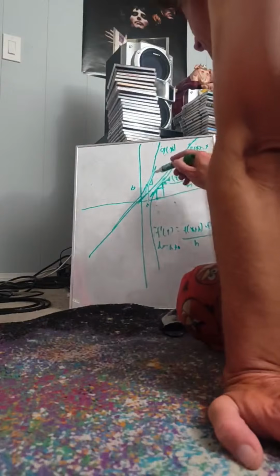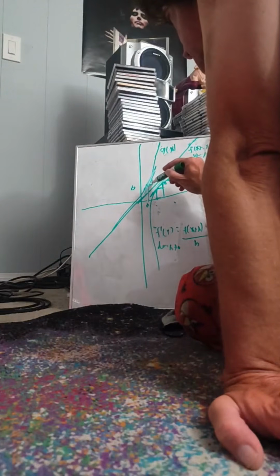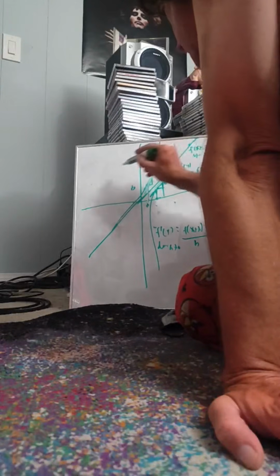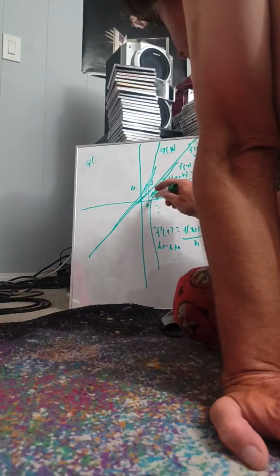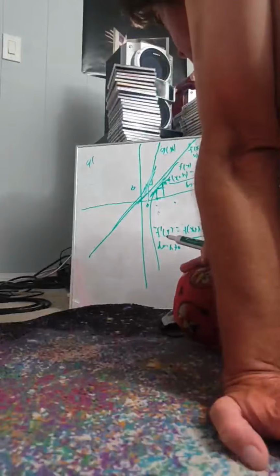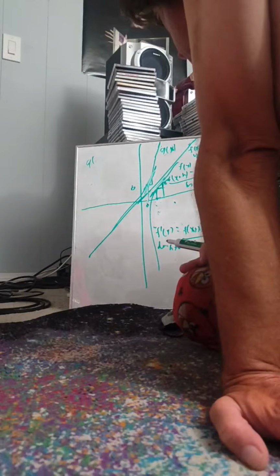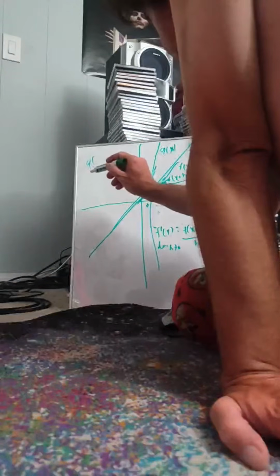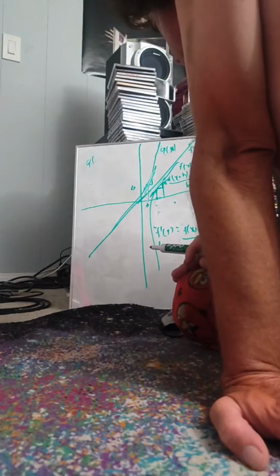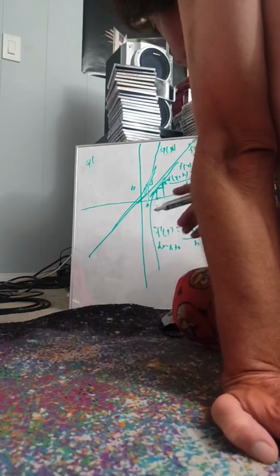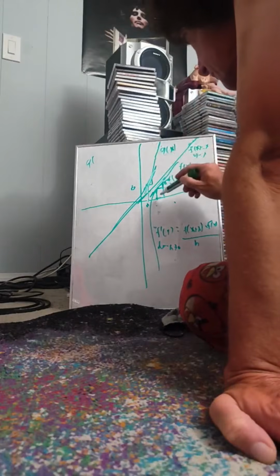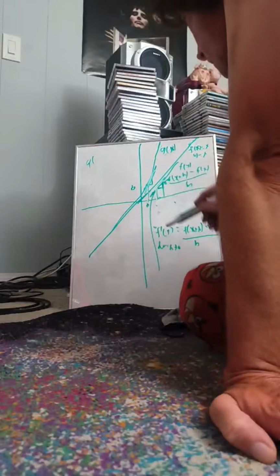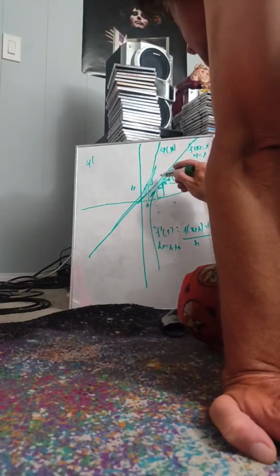And then this is A plus H, and this is H. Okay, this is going to be symmetric.